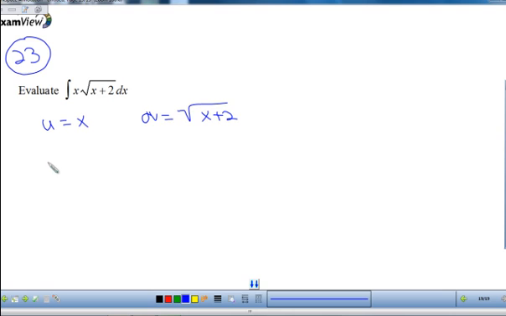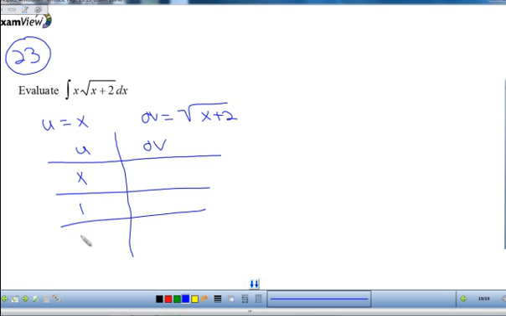Okay, so I'm going to use the table. So I'm going to have x, 1, 0. This one is a little bit trickier because within integration by parts, you're going to do u substitution to find the antiderivative.